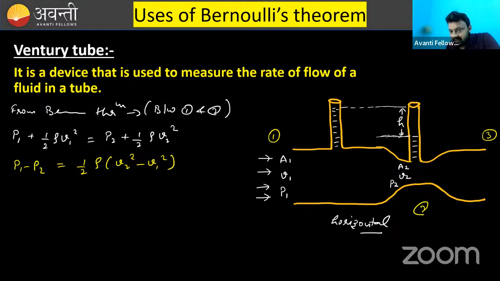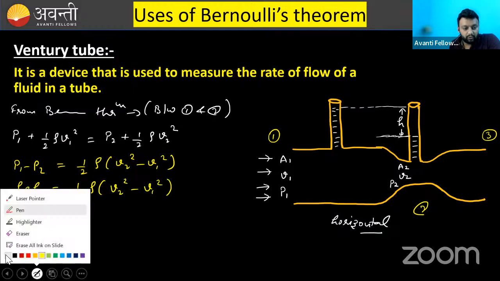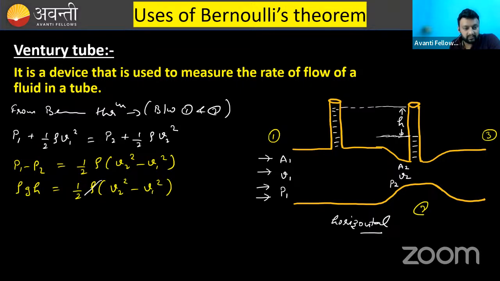So this pressure difference can be written as rho g h, and it is equal to half rho times V2 square minus V1 square. Now you can cancel out rho. So it will become V2 square minus V1 square equals 2gh. Let it be equation number 1. I think it is clear.